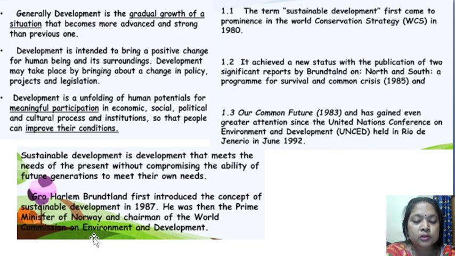So for the first time in 1987, the term sustainable development came into existence through Brundtland. The term first came to prominence in the World Conservation Strategy in 1980.